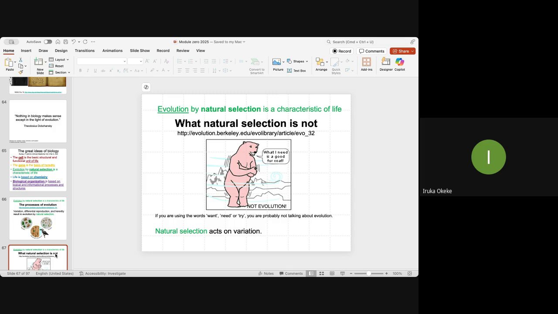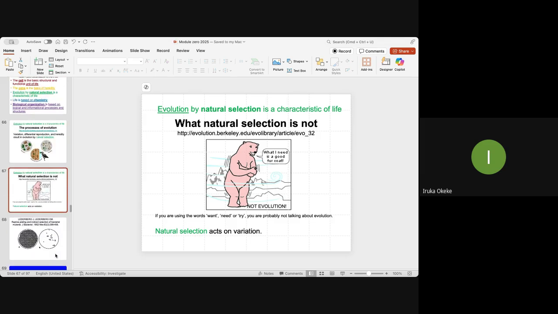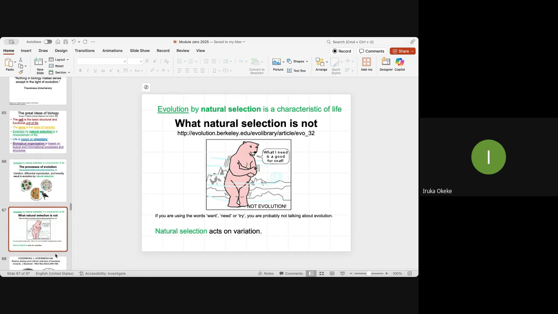Okay, that the giraffe needed to eat the leaves on top of the tree, so he stretched his neck and his neck became longer. That is not how evolution works. The way evolution works is that there's always variation. And then some variants are more successful than other variants. And those variants that are more successful, what I mean by success in this context is leaving descendants.